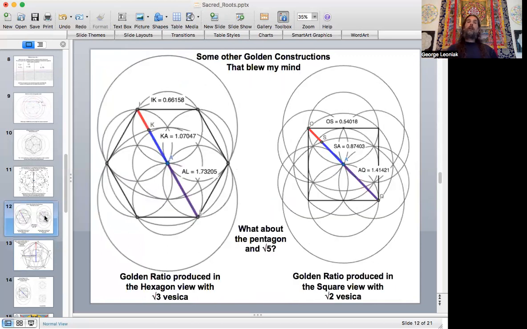Now, one thing I'll say about each of these, as you see, the seed of life is the basic construction.